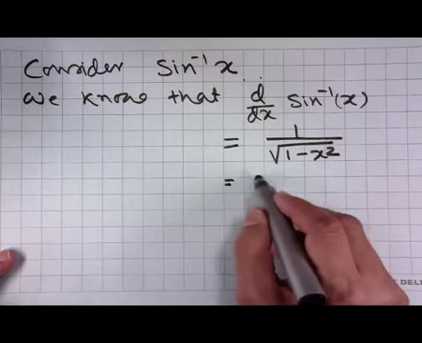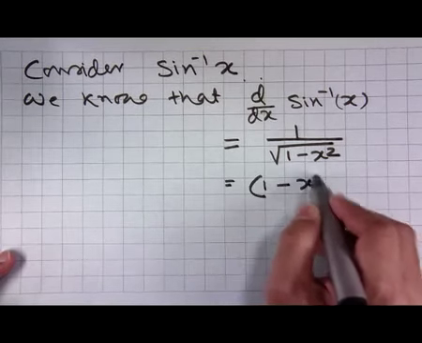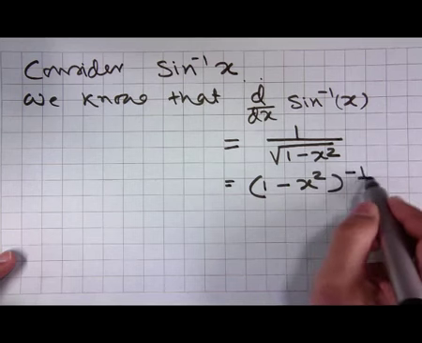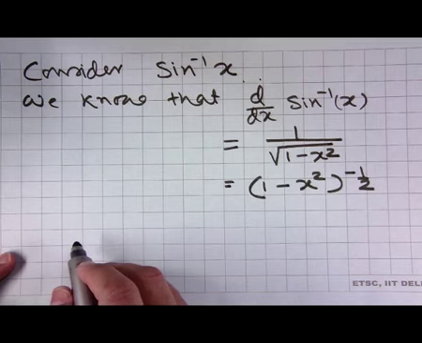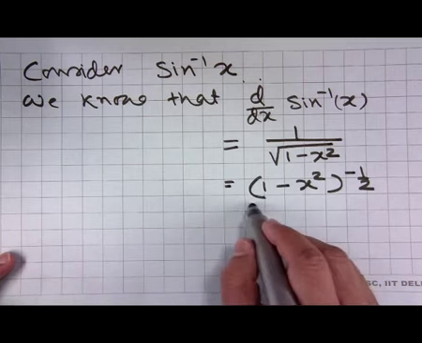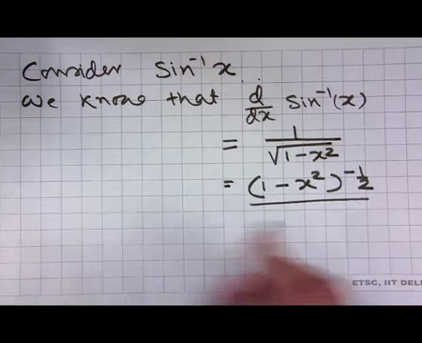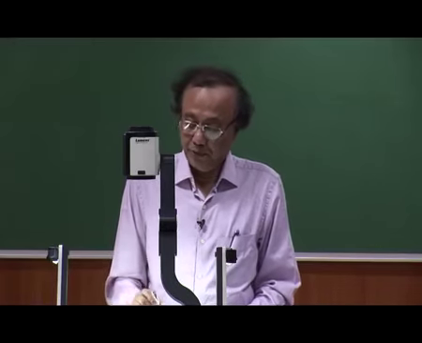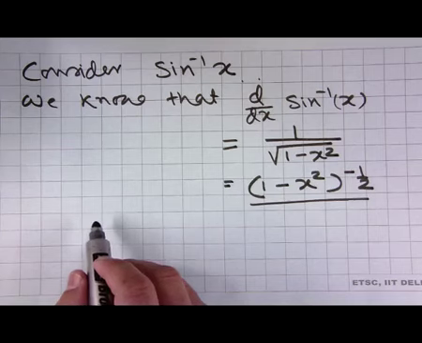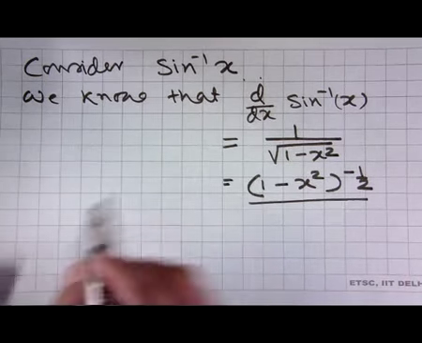This is equal to 1 minus x square whole to the power minus half. And we know the expansion of 1 minus x whole to the power minus half, and from there we should be able to get the series expansion of sine inverse x.